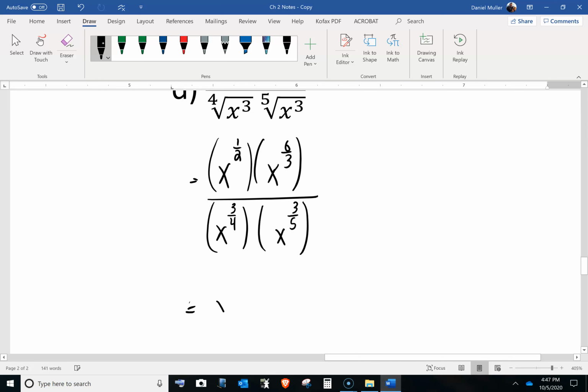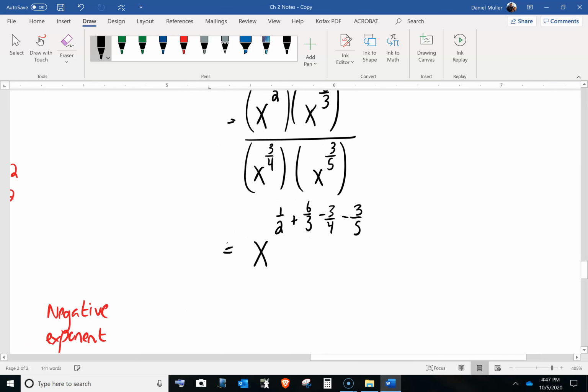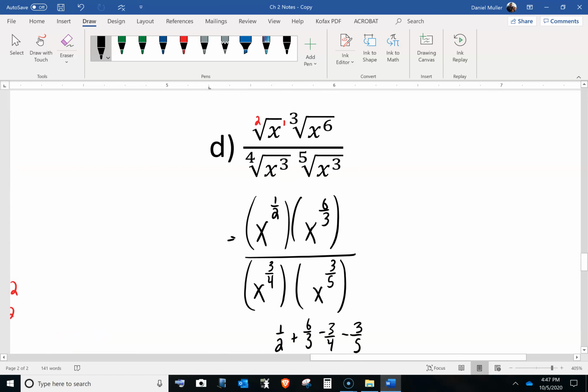So if I'm going to write this as 1, so I have the half, and because the bases are all the same, because we're multiplying, we can add these exponents, but then we can subtract the 3 over 4 and then subtract the 3 over 5. Okay, good grief. So we're going to need a common denominator here. Now, did I write 6 over 3? I did. Is it 6 over 3? Yes. Okay.